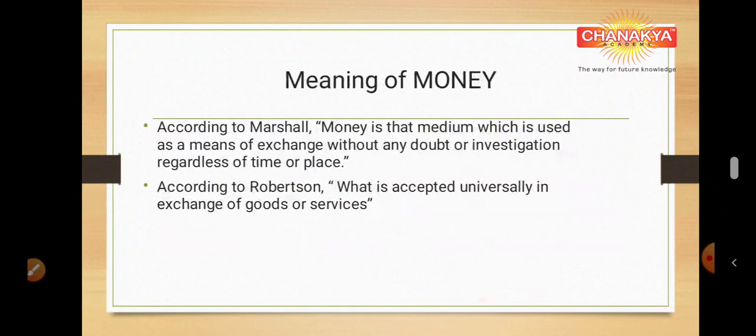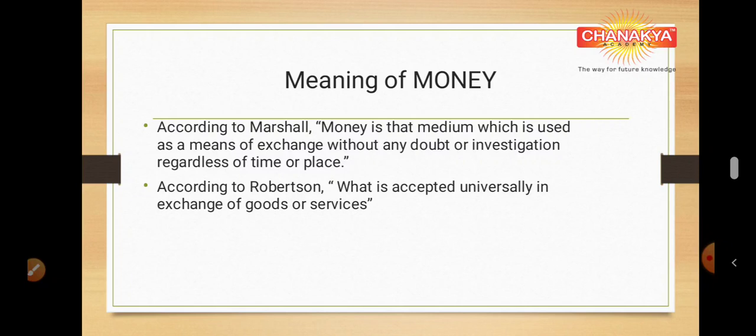Now let us look at the meaning and definition of money given by two different economists, Marshall and Robertson. According to Marshall, money is that medium which is used as a means of exchange without any doubt or investigation, regardless of time and place. That is, it is a thing which can be used as a means of exchange.